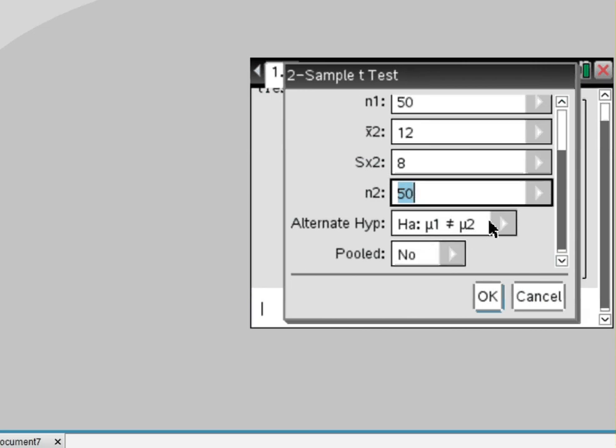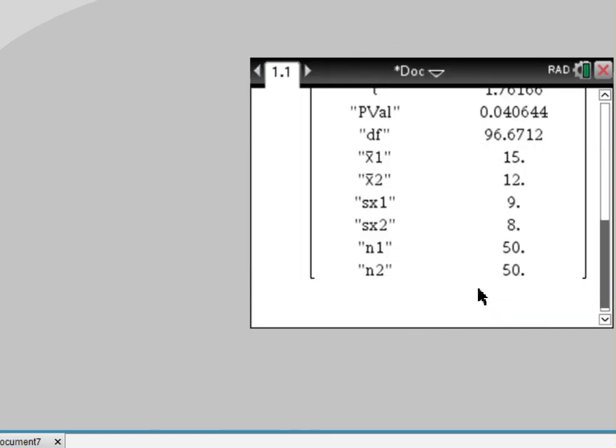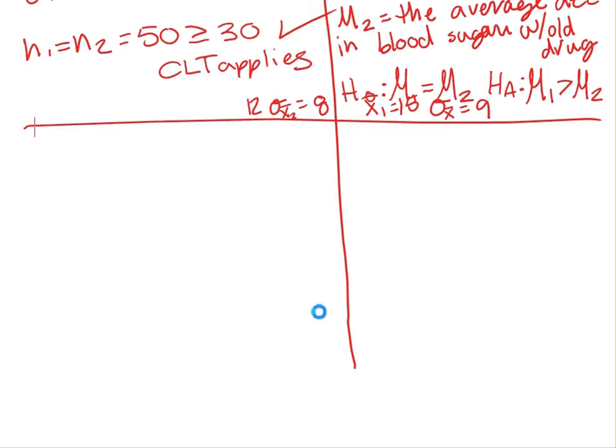So I can see my p-value, I can see my degrees of freedom. So I am going to go back to my thing. So here, my t-value that I got was 1.76. My p-value was 0.0406, which is less than 5%.